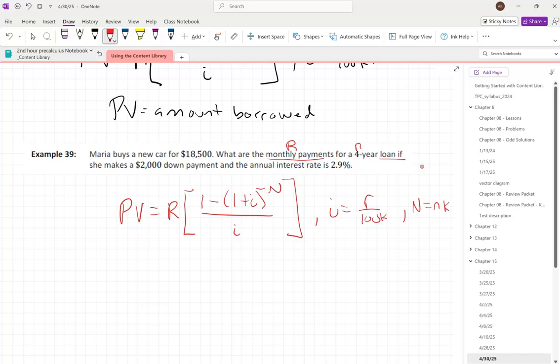Since we're making monthly payments, we know that the K is 12. And there's my interest rate. Our present value, though, we didn't borrow the price of the car. We paid $2,000 up front and then borrowed the remainder. So our present value is actually going to be $16,500, right?